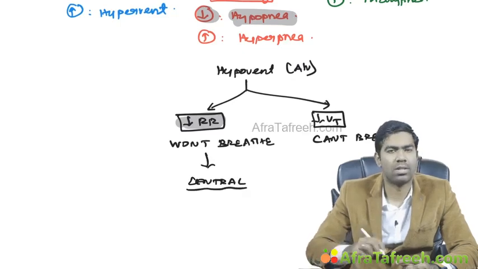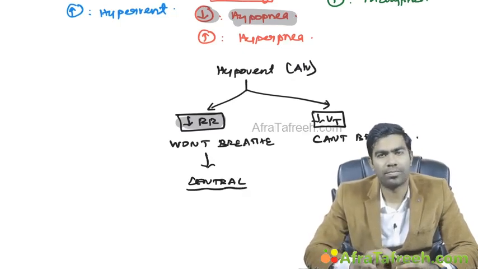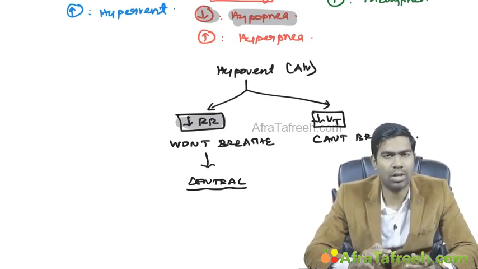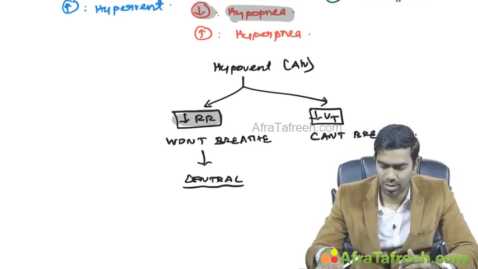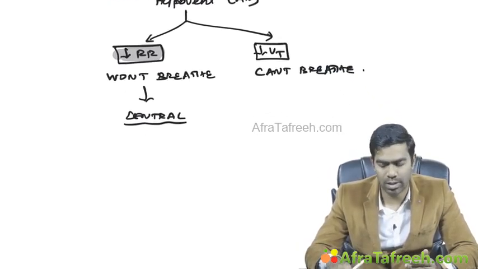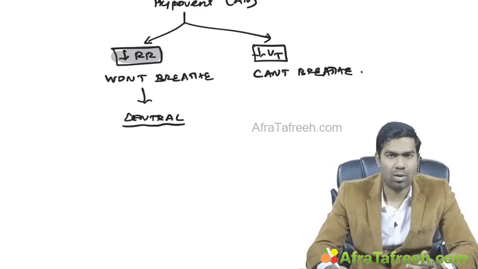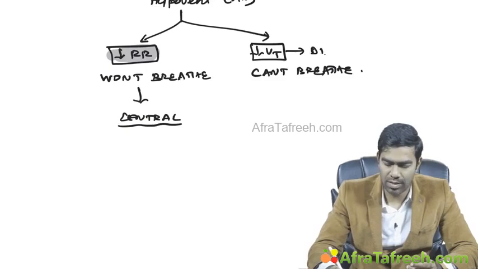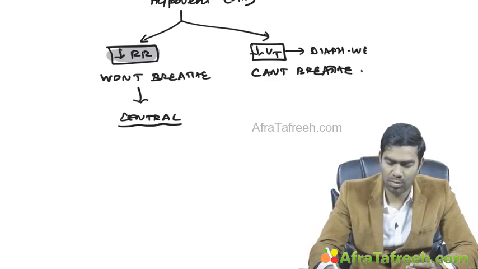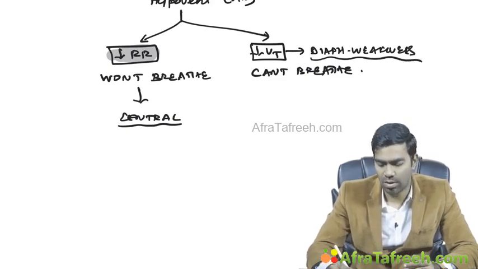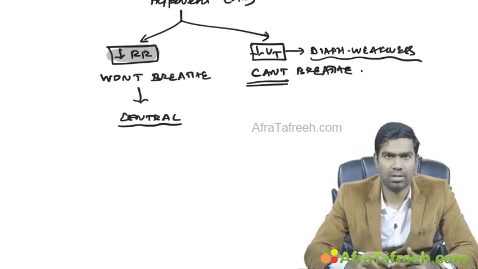Examples of central causes are brainstem injury, tonsillar herniation, raised ICP, cerebral edema, brainstem stroke, pontine hemorrhage, sedation poisoning like benzodiazepine poisoning, or opioid overdose. A lot of causes. Central: they won't breathe, not willing to breathe. Whenever you have a reduced tidal volume, this patient has diaphragmatic and neuromuscular weakness. So that's why I said, because of the weakness, they can't breathe.